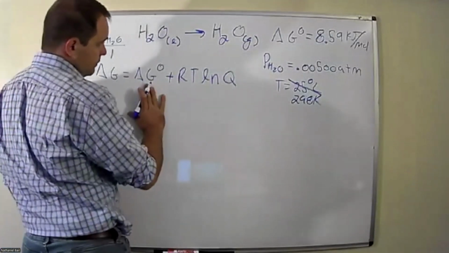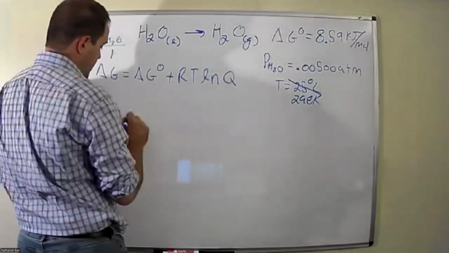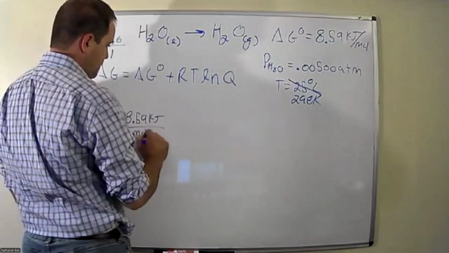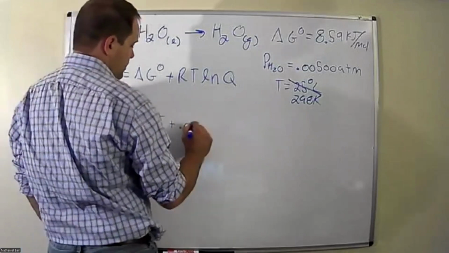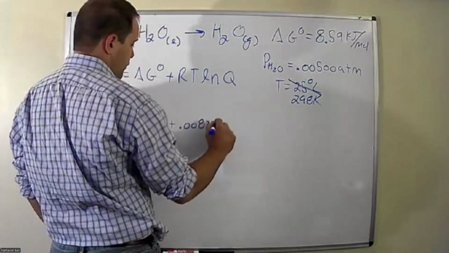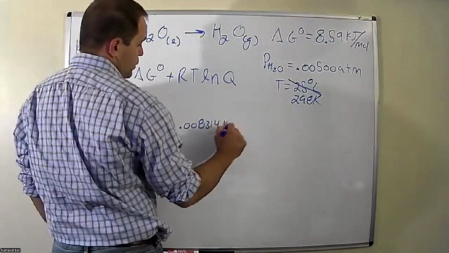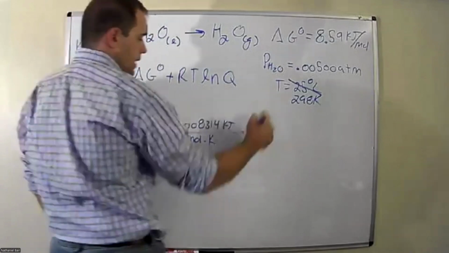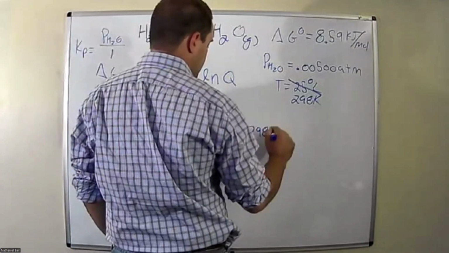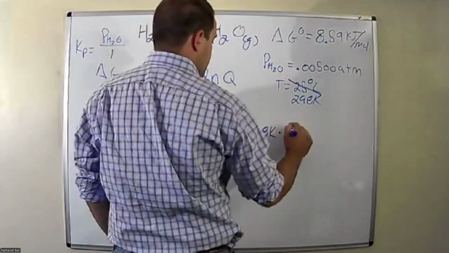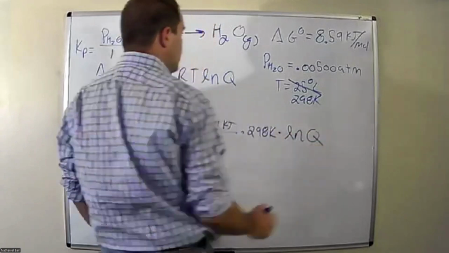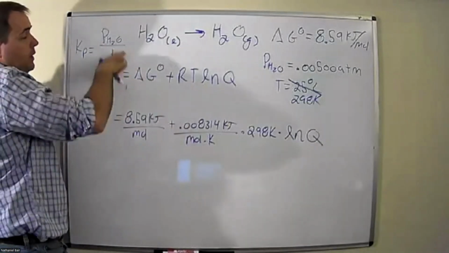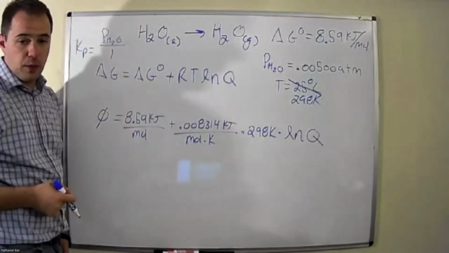We say our delta G is 8.59 kilojoules per mole plus R, 0.008314 kilojoules per mole times Kelvin. Let's stay at that same 25 degrees Celsius, 298 Kelvin, and then times the natural log of Q, which is just the partial pressure of water for this one, because it's such a simple mass action expression.